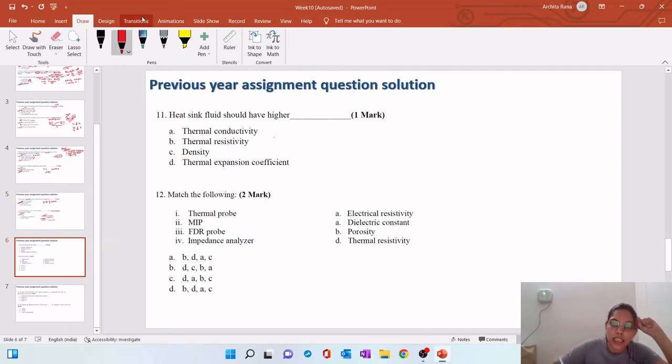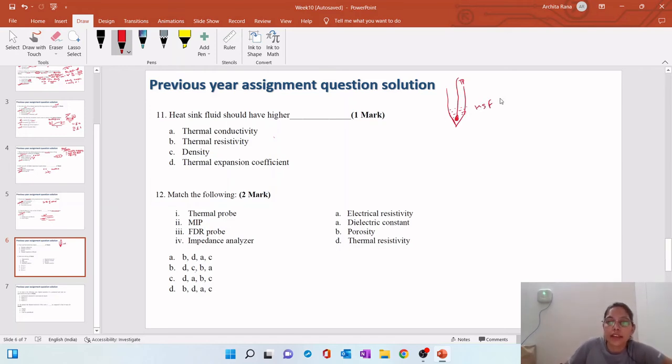Next is heat sink fluid. When sir discussed the thermal probe, he discussed that, let's say, a thermal probe apparatus is there, and you are putting a thermal probe inside it. Now in here we put this heat sink fluid.